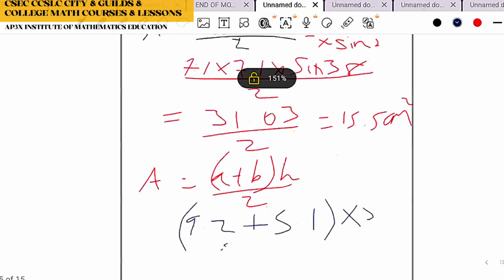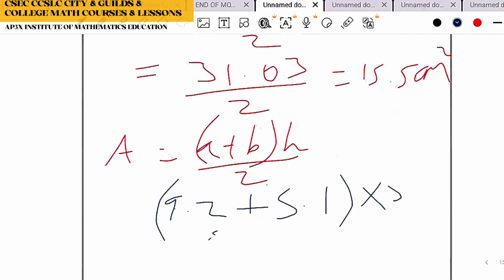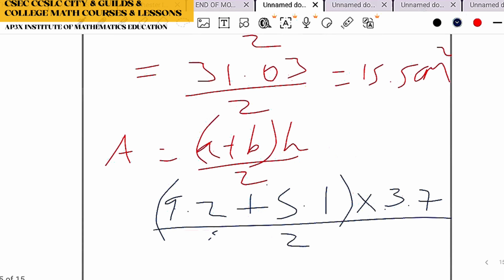So I'm going to work it now. All right, take your time and get there. Plus 5.1. I hope my quiet students who don't want to talk to me, I hope you guys are following the thought process. Divided by 2. 9.2 plus 5.1 is equal to 14.3. 14.3 times 3.7 equals 52.9.